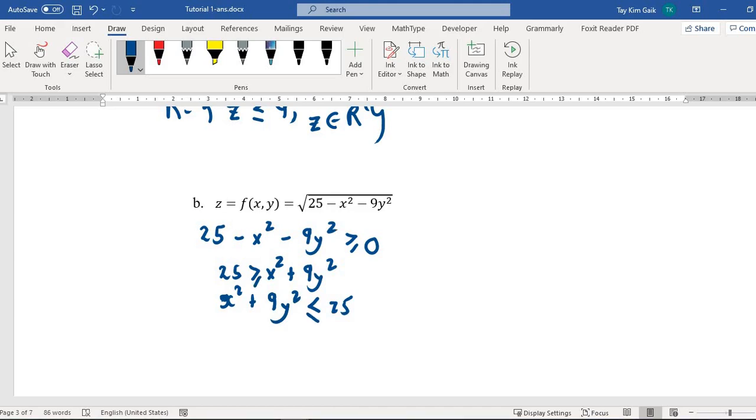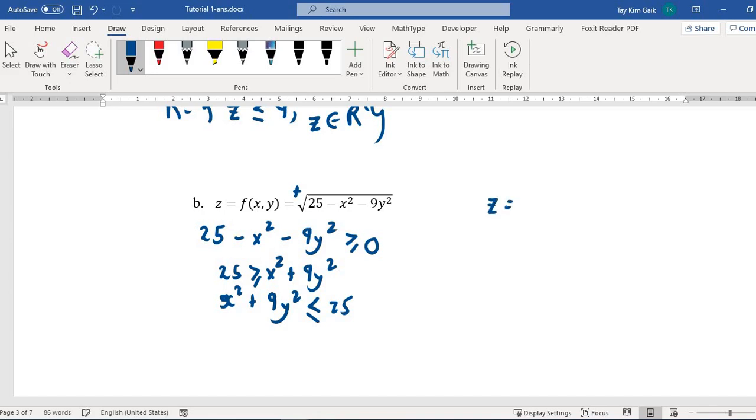Okay, how about the range? Remember this is a positive square root, so z is positive.